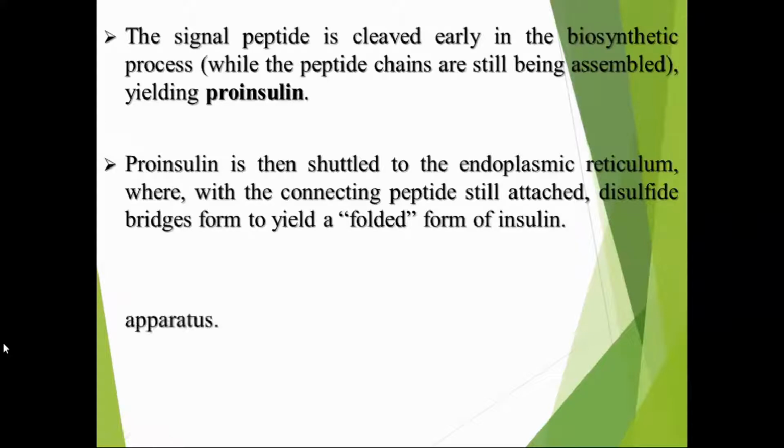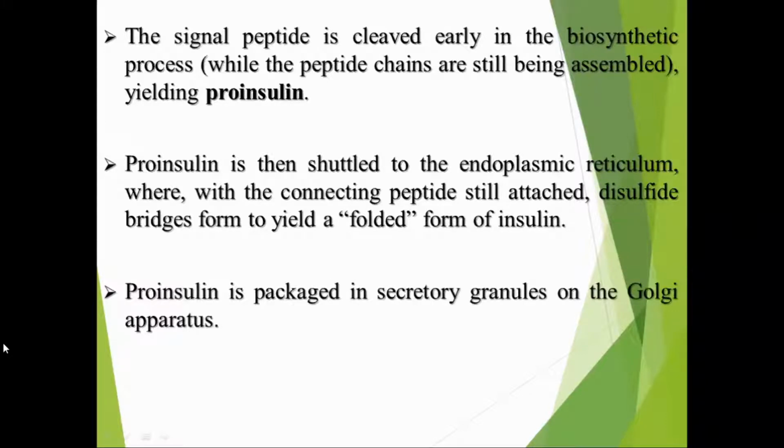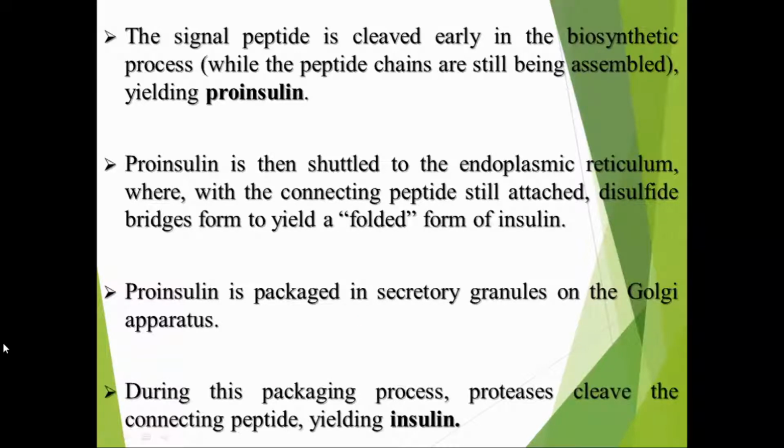And then proinsulin is packaged in secretory granules on the Golgi apparatus. So it is shuttled to the endoplasmic reticulum, and then the proinsulin is packaged in secretory granules on the Golgi apparatus, and during this packaging process, proteases clip the connecting peptide, yielding insulin.